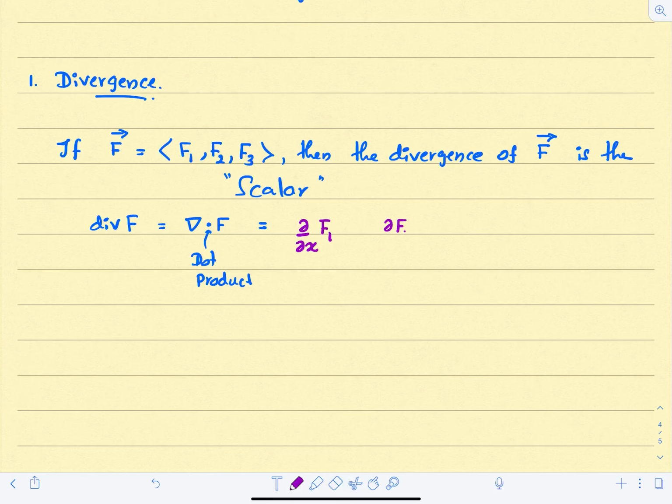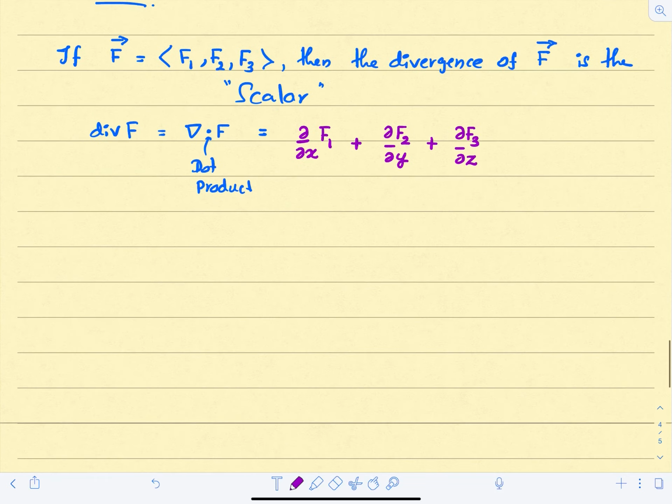We take the second component and differentiate with respect to the y variable. And we take the third component and differentiate with respect to the z variable. And finally we add these three parts together. This is the way we define the divergence of a vector field.